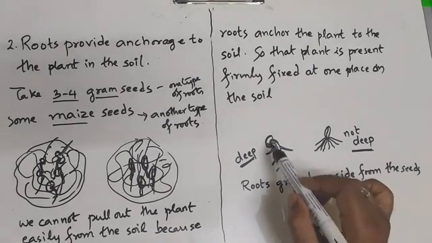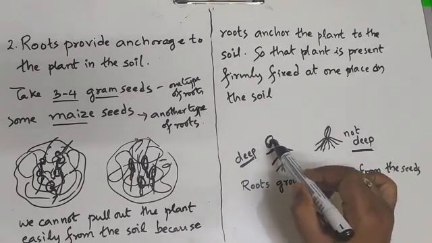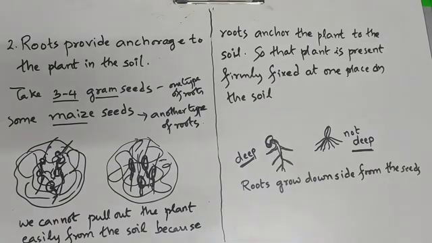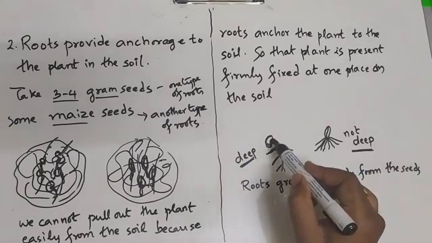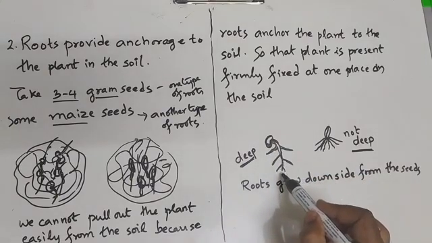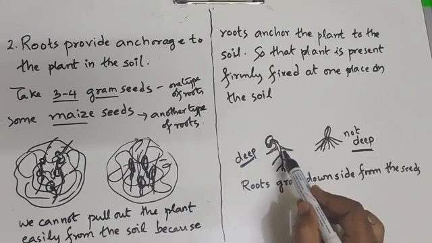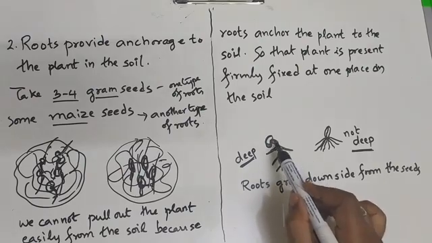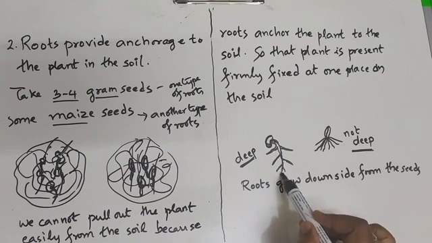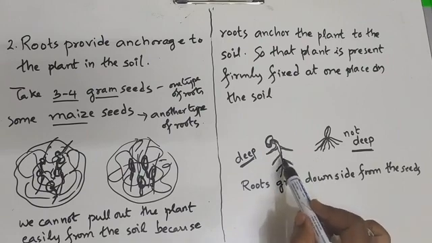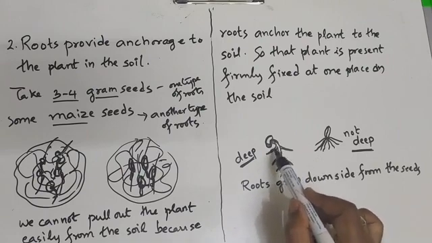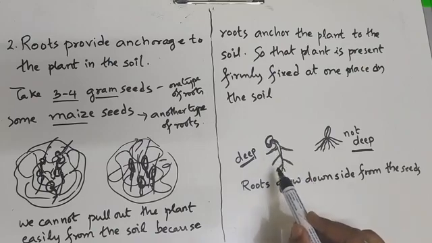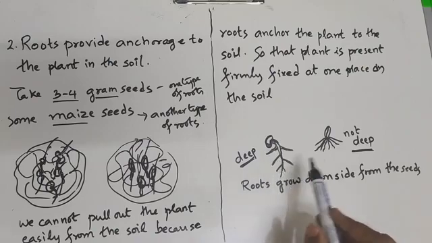And the root growing down from the gram seed has one central root and some side roots. The central root is growing down deep and the side roots come out from that central or main root.